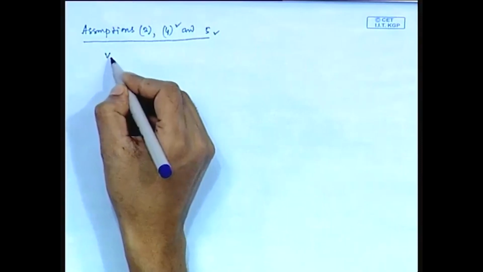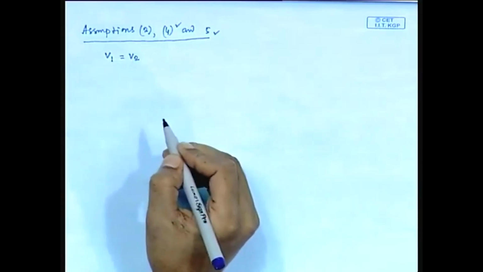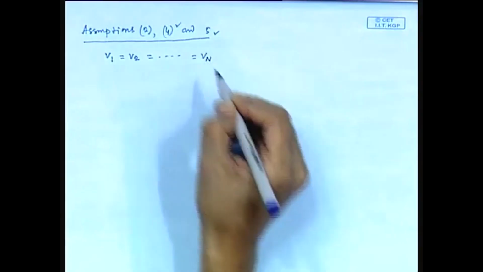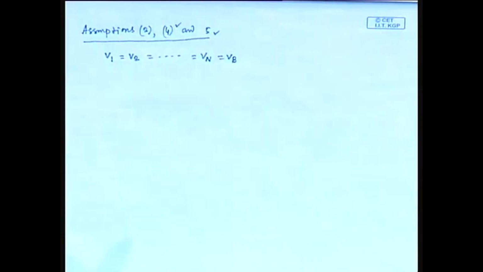Can we write, based on these 3 assumptions, that all the vapor flow rates are identical? I mean the vapor stream leaving the first stage equals the vapor leaving the second stage, and like this way the vapor leaving the nth stage equals V. So, based on assumptions 2, 4 and 5, all the vapor flow rates throughout the column are identical.